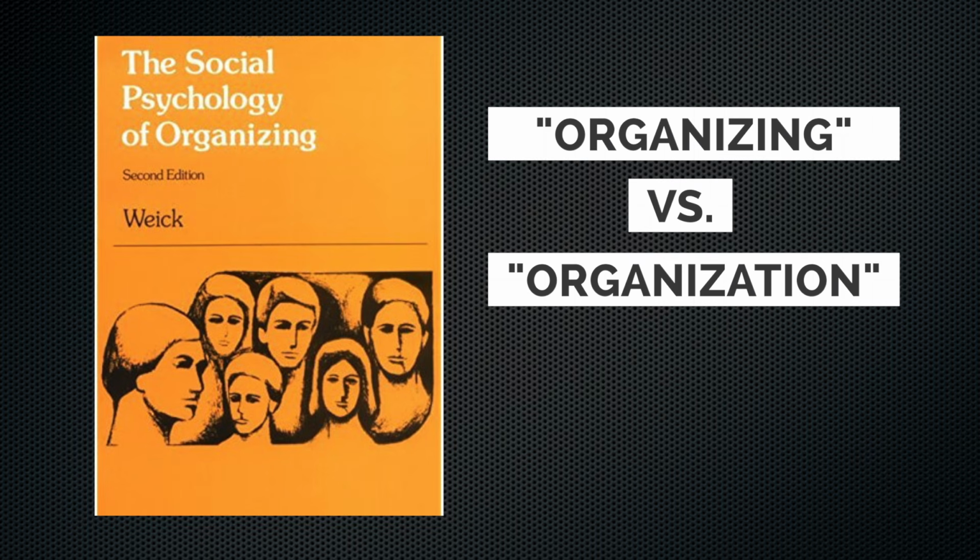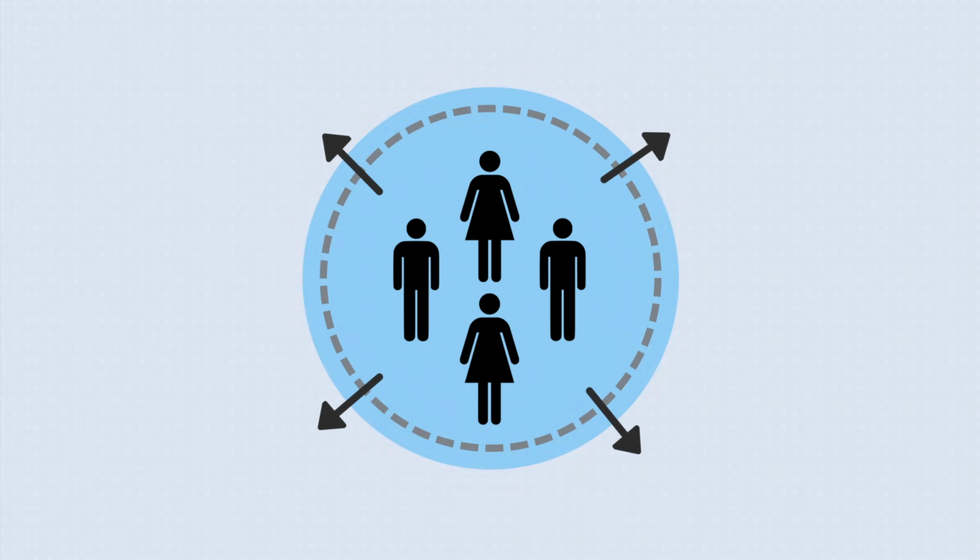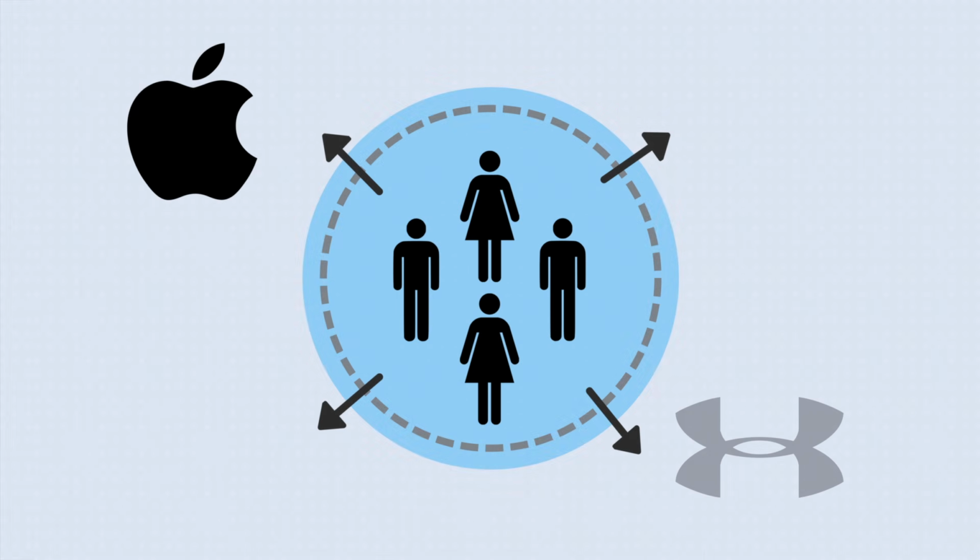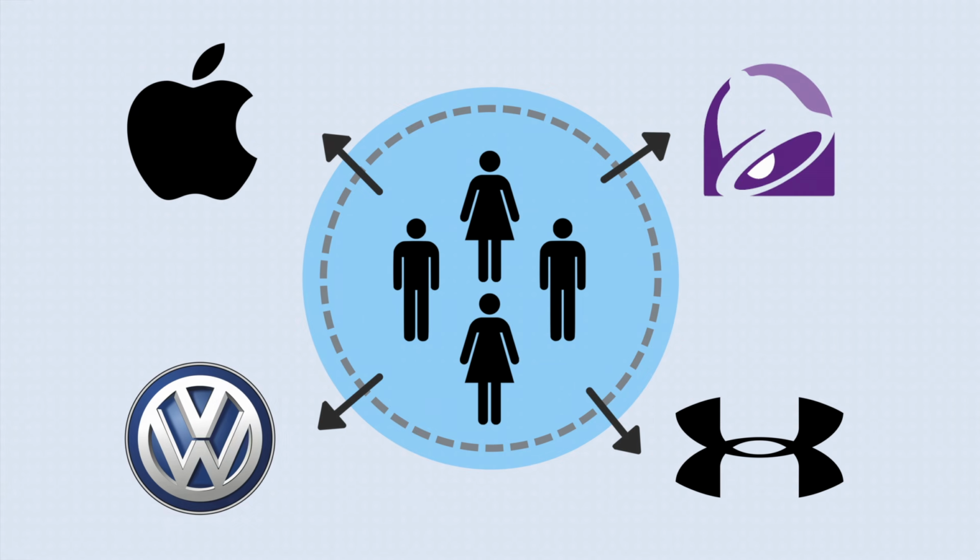Instead, he favored the term organizing because he thought it captured that activity that went into creating, establishing, and maintaining our workplaces. The concrete buildings and the brands that we all know didn't already exist. They are the result of ongoing communication. In fact, if we stopped interacting, if we stopped communicating, stopped picking up the phone, stopped going to meetings, stopped making agreements, life and organization would grind to a complete halt.